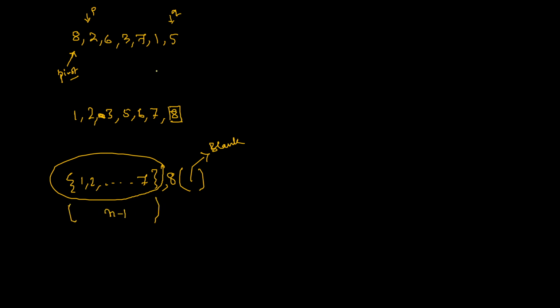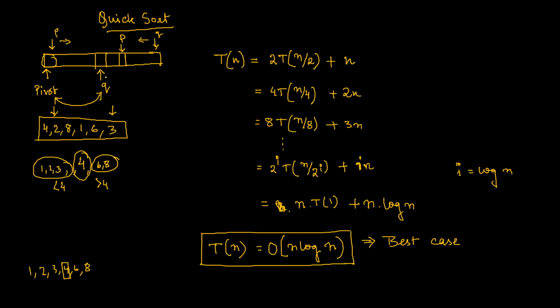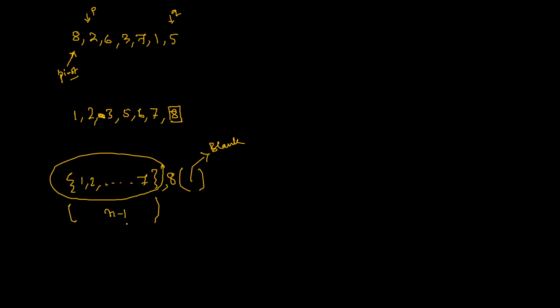If I consider total n number of data, in the best situation we have n/2 amount of data here and n/2 amount of data here, almost nearly equal to n/2. But in this situation, you will see that I will have n minus 1 amount of data and there is nothing, 0, on the other side.